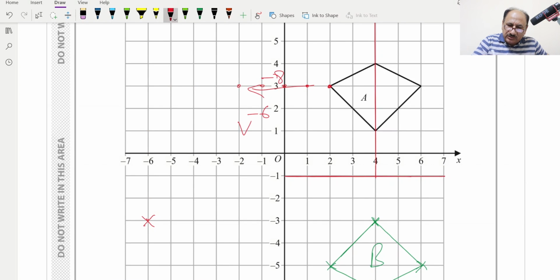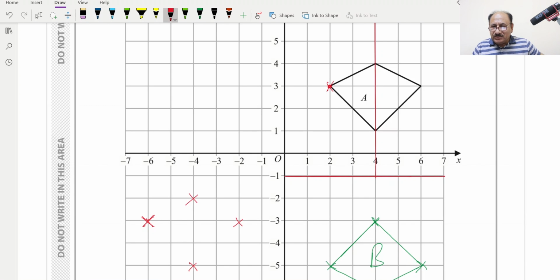I'll erase the rest of the working which I have drawn for your explanation. So this point is transferred over here, and the other points will be over here and over here and over here.